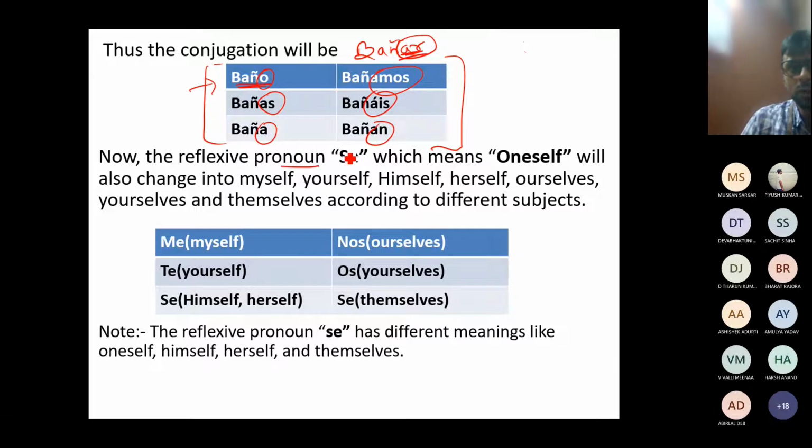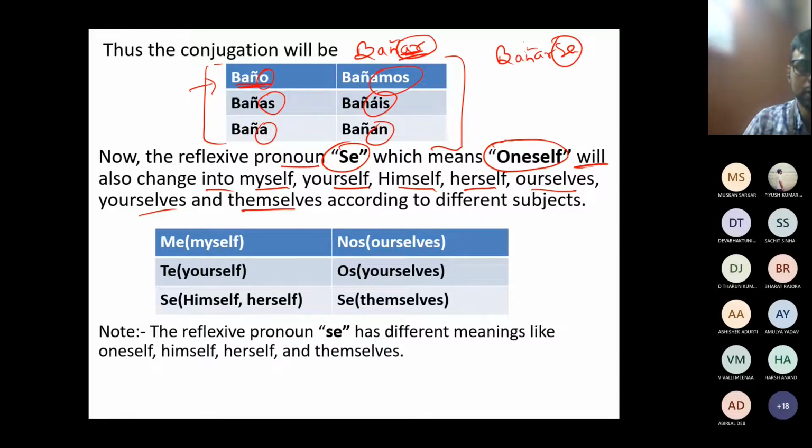Then the reflexive pronoun which was there with the verb bañarse. This reflexive pronoun, which means oneself, will also change into myself, yourself, himself, ourselves, yourselves, and themselves. Why will it change into six different forms? Because the subjects are changing.